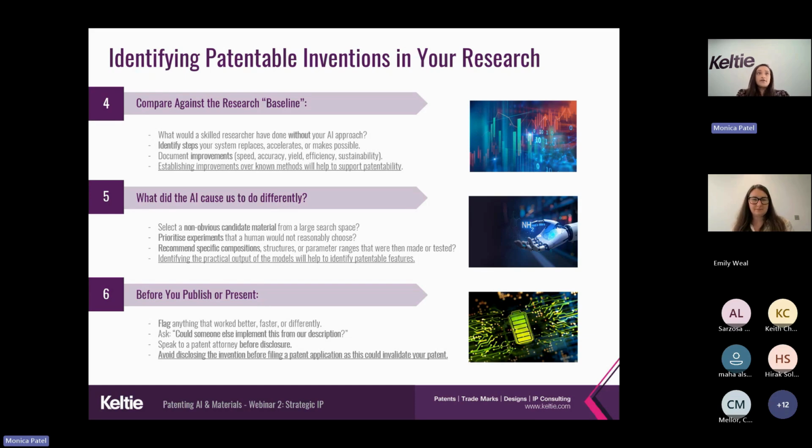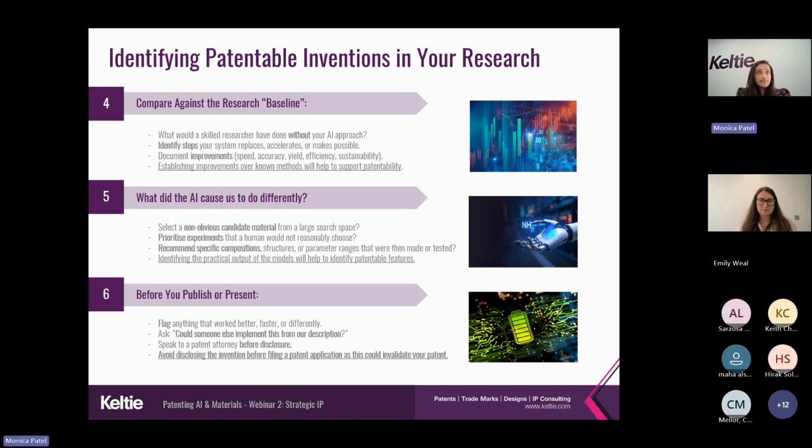Did it recommend specific compositions that were then physically made and tested? So it's not only what the AI model is doing, but what did it enable you to do differently? And so identifying the practical output of the models will help to identify patentable features of the invention.